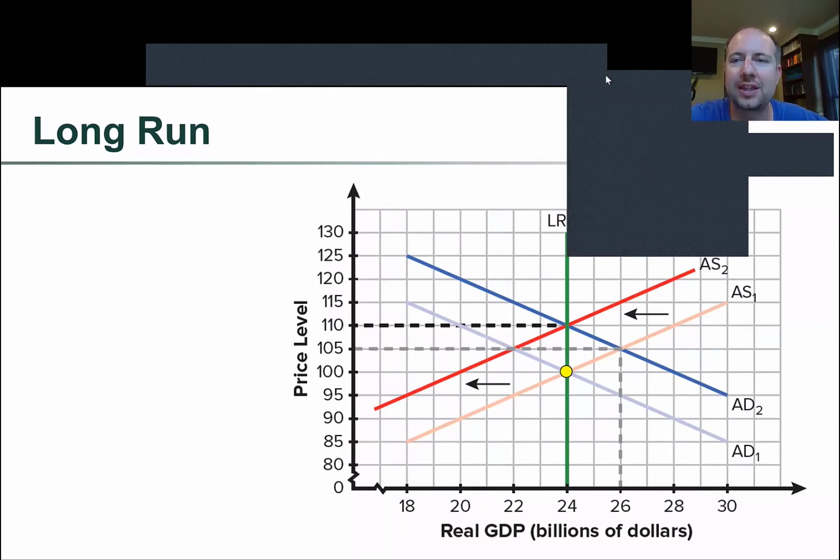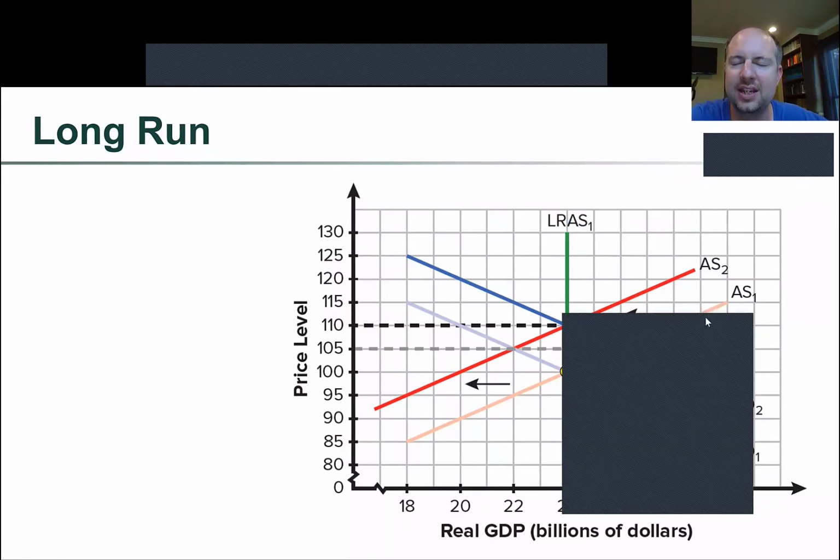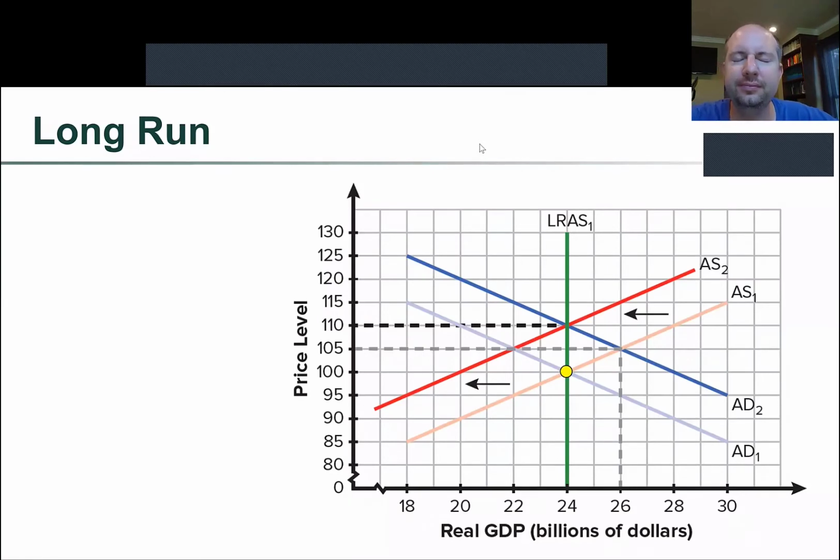So now let's illustrate that. Take those two steps. The first thing that happened, again, just follow the yellow ball. First thing that happens is Bloomberg comes out and spends a bunch of money to run for president. So you have a big increase in aggregate demand.